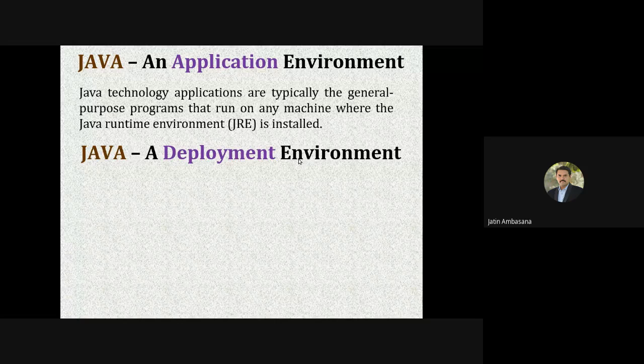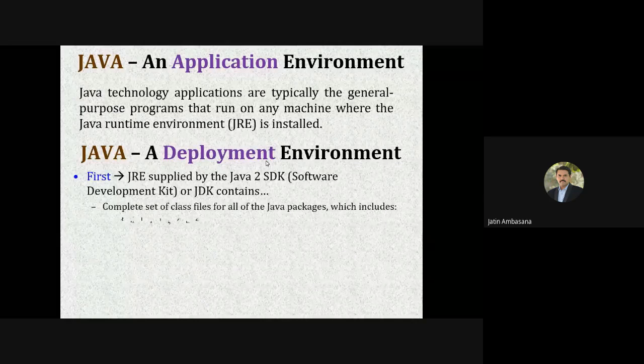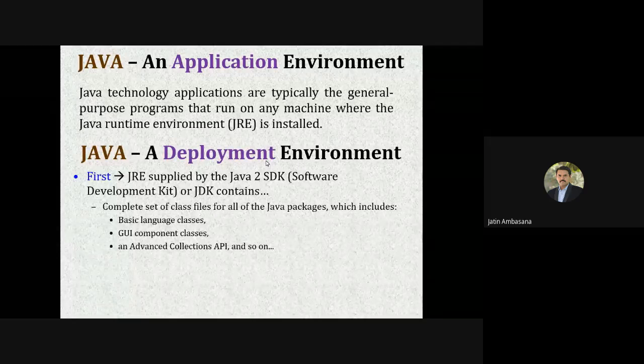And it also provides a deployment environment, where first the JRE is supplied by the Java 2 SDK, or JDK. It contains a complete set of class files for all the Java packages. So the JDK that you get when you install Java gives you a complete set of class files for operations required for basic language classes, GUI component classes, advanced collections, APIs, and all those classes are available.